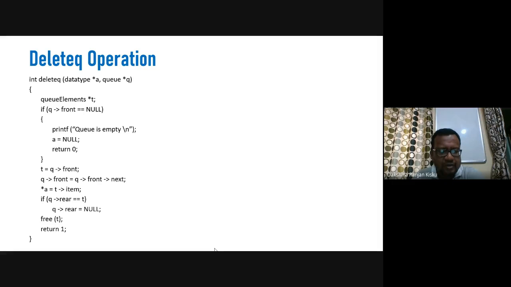Then we free the memory space which was allocated for the node which is now pointed to by T. We free the memory space by writing the function free of T. By writing this function we can deallocate the memory space which was allocated for the first node of the linked list.